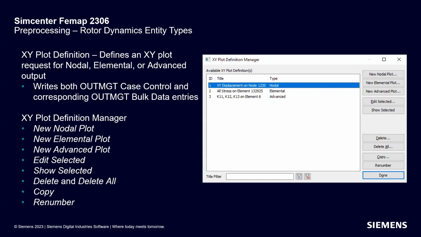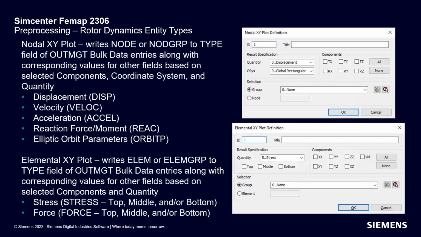As you can see, each one of these is going to have a manager. I'm going to go through these quickly. So you define an XY plot request for nodal, elemental, or advanced output, and it writes an OUTMGT, case control, and corresponding bulk data entries. In these managers, you can make a new nodal plot, elemental plot, advanced plot, or you can edit, show, delete all, copy, or renumber these.